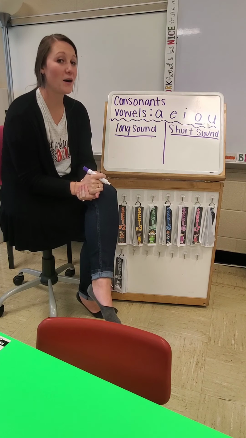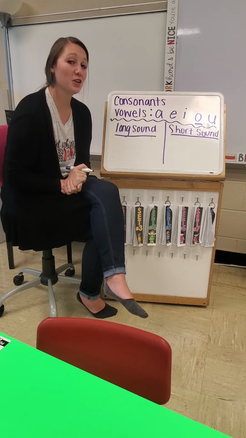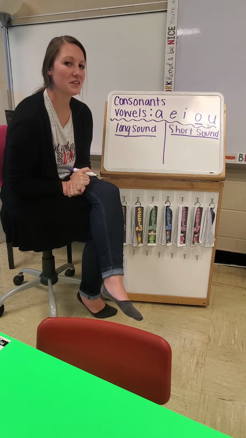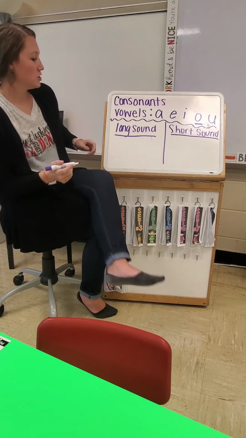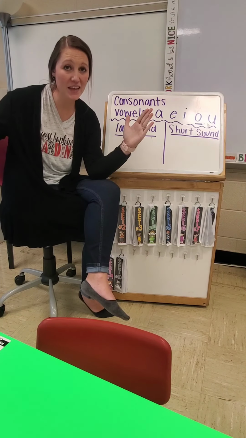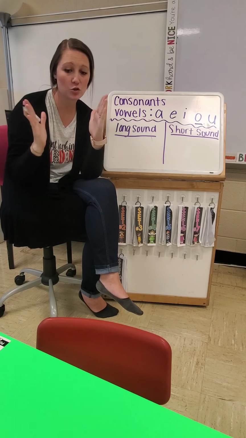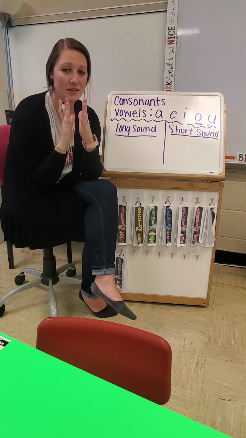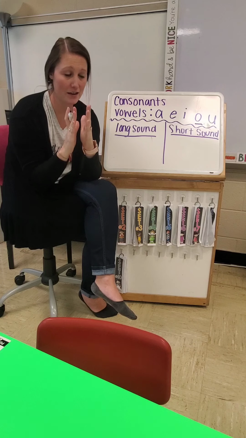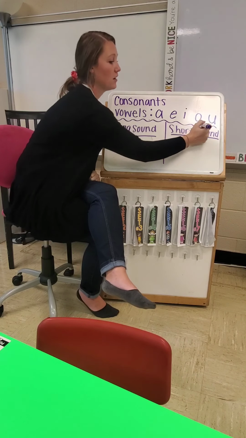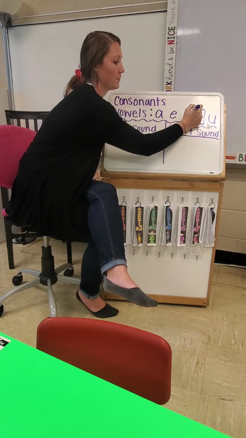Good. Ah. And the short sound for U? Good. So just remember, long sound, they say their name. Short sound, they make what they sound like. But let's focus on the O today.